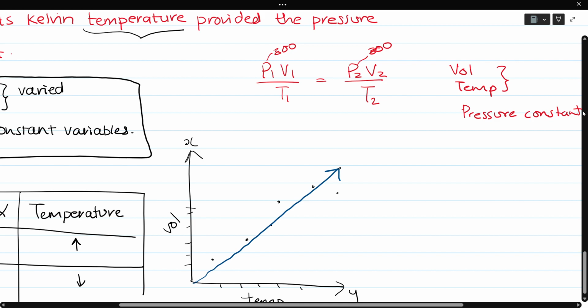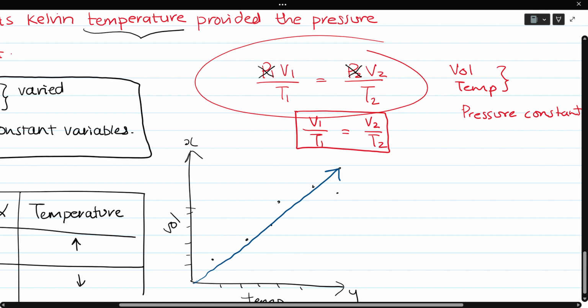Because it's the same value in 1 and 2, we can simply cross off P1 and P2, and the remaining stuff becomes your equation. So your equation that's governing you here is going to be V1 over T1 is equal to V2 over T2. Okay, so don't go and learn these specific equations. Look at the general one and just cross off any variable that is kept constant.